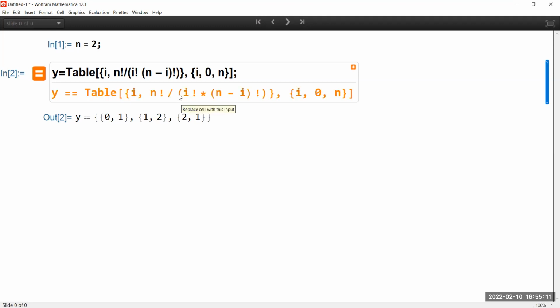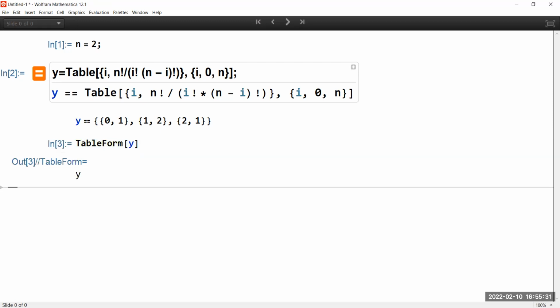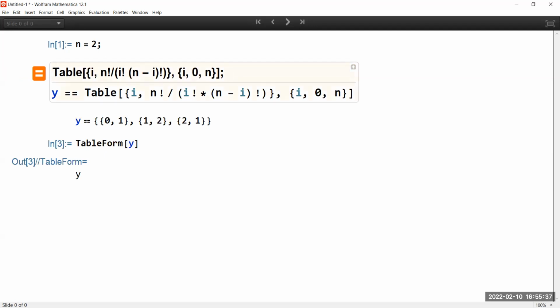Did I do something wrong in the calculation here? Okay, table form. No, something is not correct in here. Sorry about that. Let me remove this equal sign, I don't know why it's in here, as you can see.